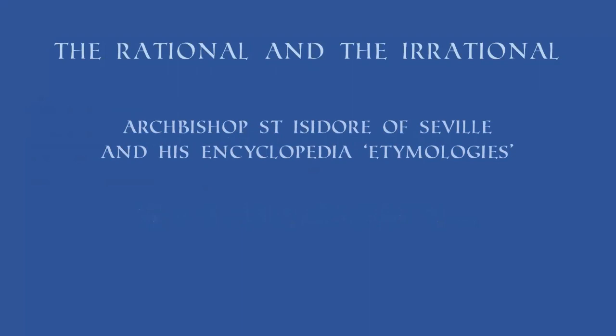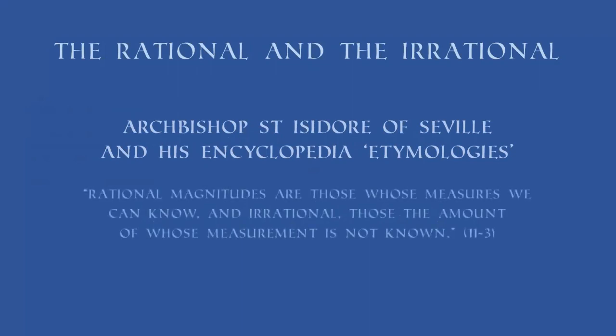It's really the encyclopedia of the medieval age, found in every library that you'd go to, written by Archbishop St. Isidore of Seville. Rational magnitudes are those whose measures we can know, and irrational, those the amount of whose measurement is not known.